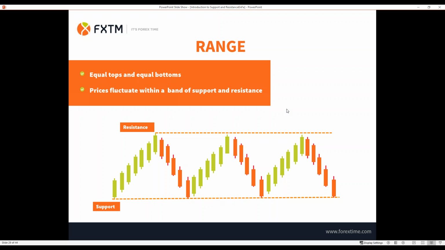One more time, range is extremely risky to trade because, contrary to popular belief, the tops are not exactly the same and the bottoms are not exactly the same. So perhaps it's better to say that in a range, prices fluctuate within a band of support and resistance.